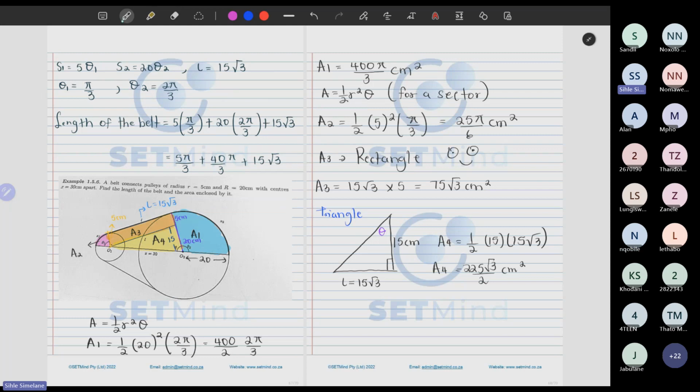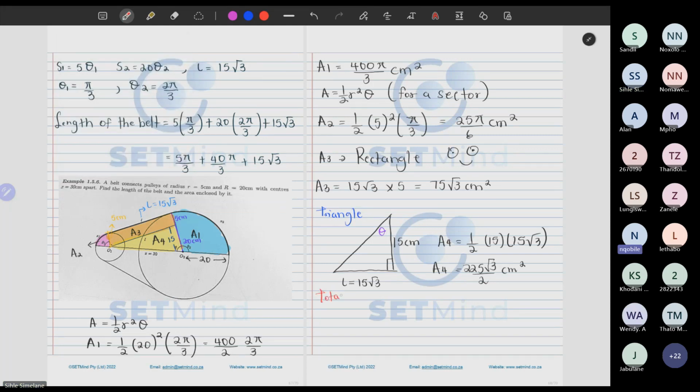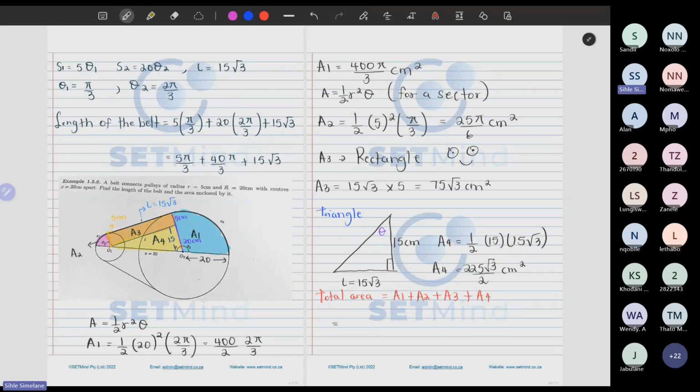Okay. While we wait for the question, let's quickly compute the total area. And that total area, as you can see, will be A1 plus A2, that's the area enclosed by the belt, plus A3, and then plus A4. So the area they are looking for should be just the sum of these things.